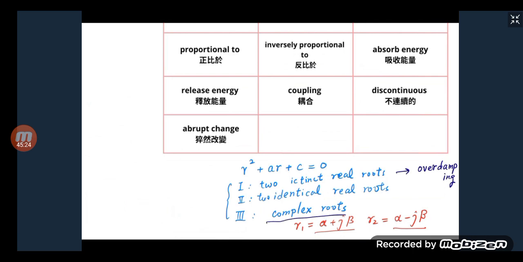And if it's complex roots, we will say that it's under damping. But if it has 2 identical real roots, it will be critical damping.